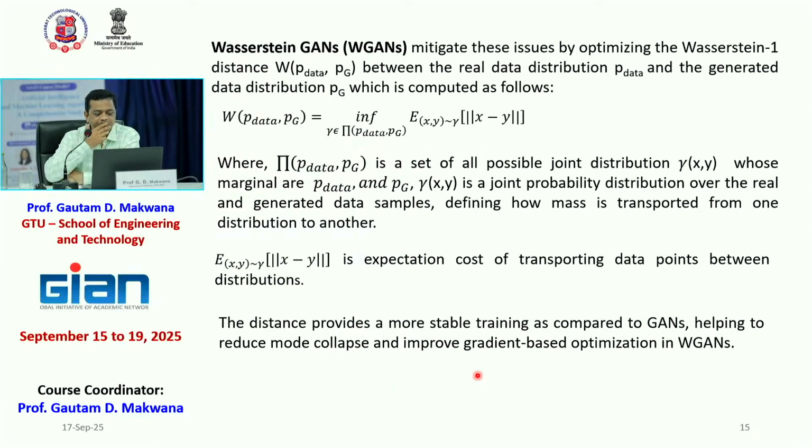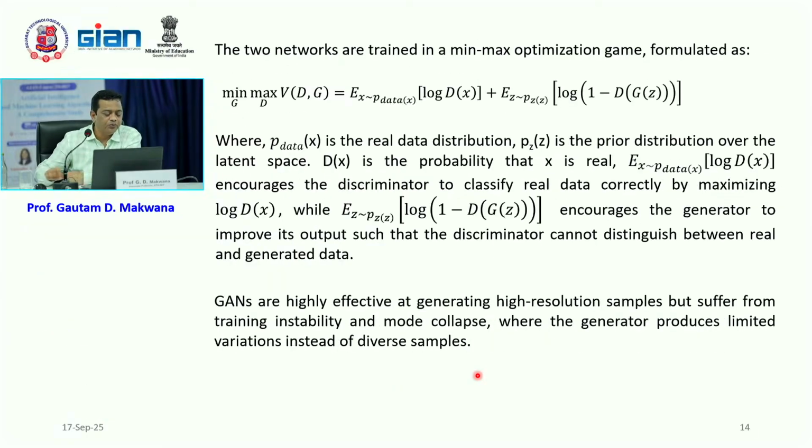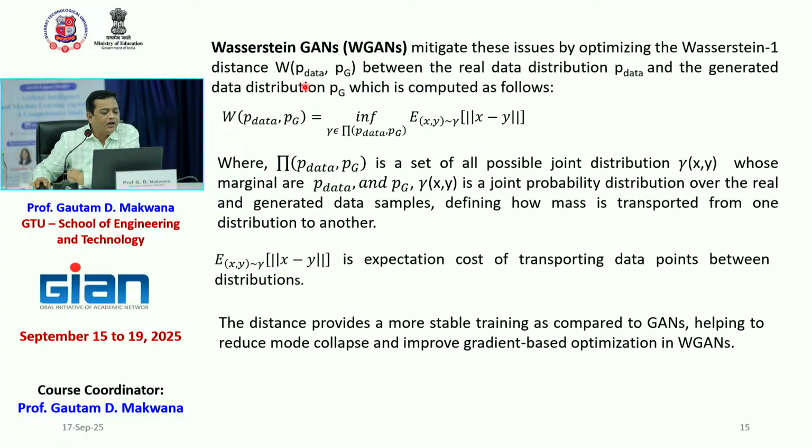Now to solve this issue, the solution is given by the Wasserstein GAN, or WGAN, which mitigates this issue by optimizing the Wasserstein distance W of P data comma PG, the distance between the real data distribution and the generated data distribution, which is computed by this equation.